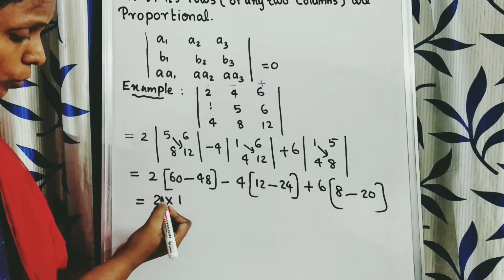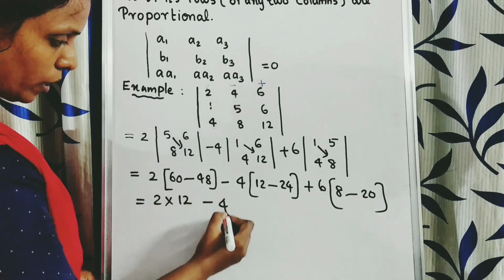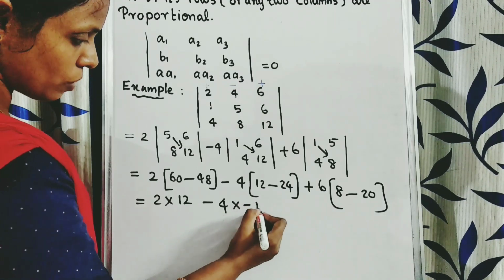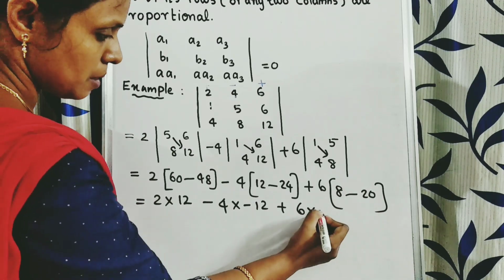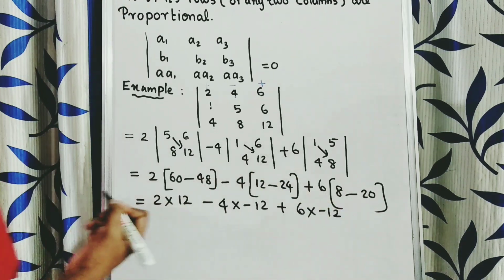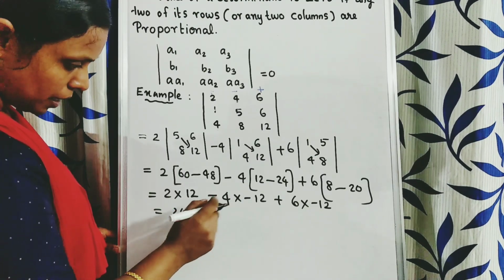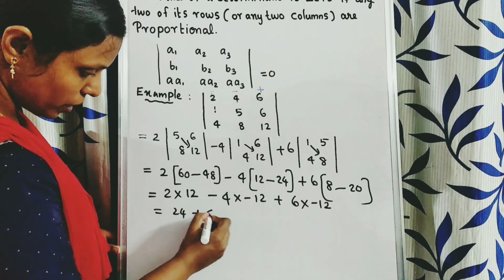Here we get 2 into (60 minus 48), which is 12; minus 4 into (12 minus 24), which is minus 12; plus 6 into (8 minus 20), which is minus 12. So 2 into 12 is 24. Negative into negative is positive, 4 into 12 is 48.